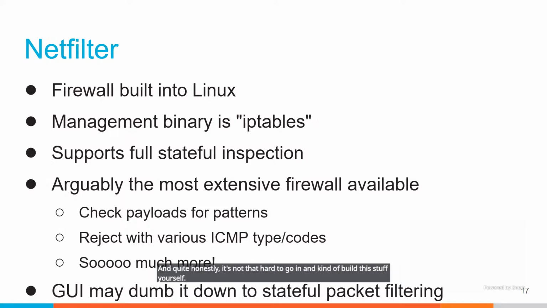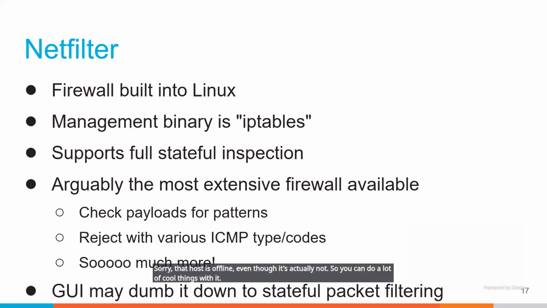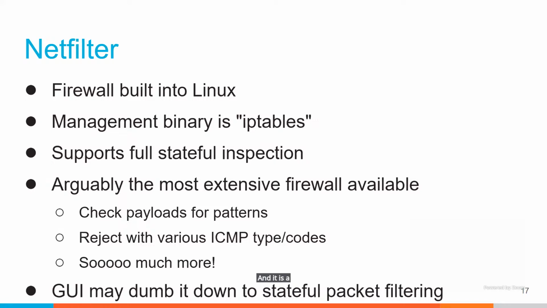One of the things I like about NetFilter is the ability to customize the reject message. I find that I actually get a lot of attackers to back off simply by saying, hey, host unreachable. Sorry, that host is offline, even though it's actually not. So you can do a lot of cool things with it. And it is a full stateful inspection firewall. It understands FTP. Last time I looked, it had about a dozen different protocols that it was inspecting.